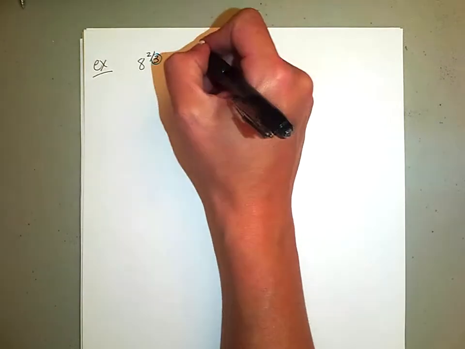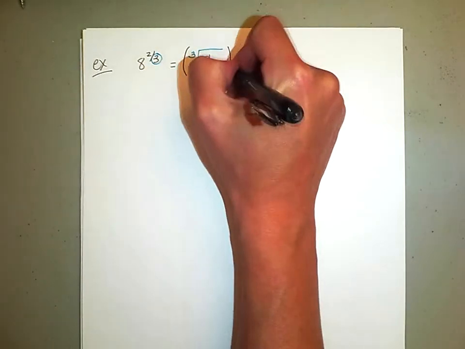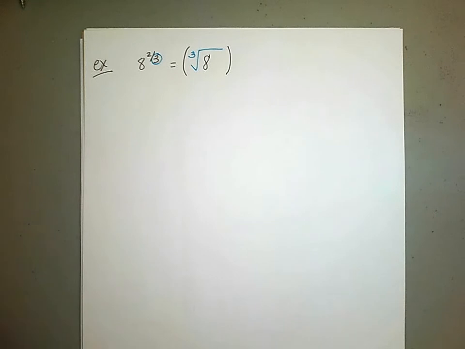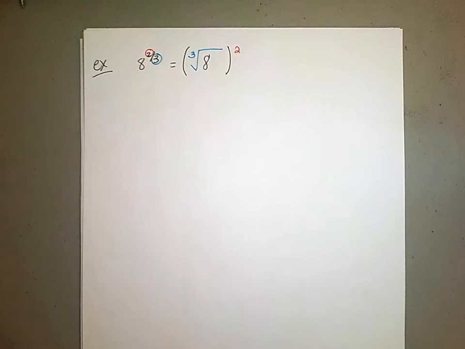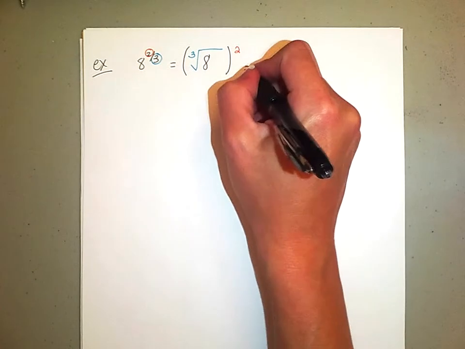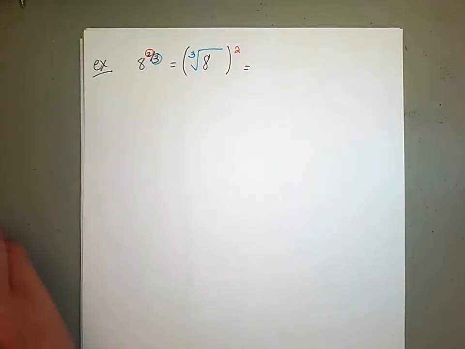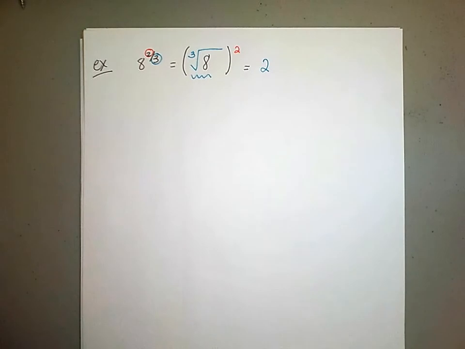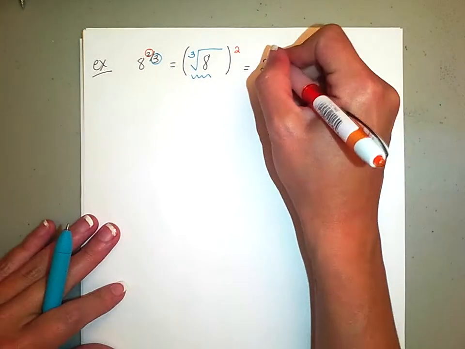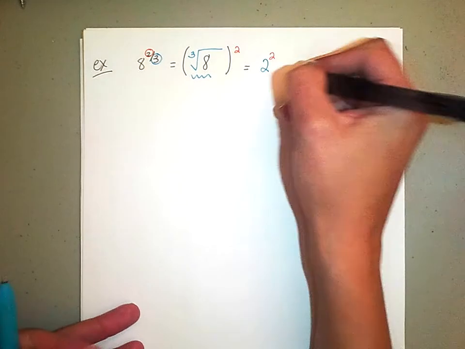And I know the cube root of 8 is 2, so I'm going to choose to take that cube root before I then square it. So this becomes, well, the cube root of 8 is 2, and then we square that, which is 4.